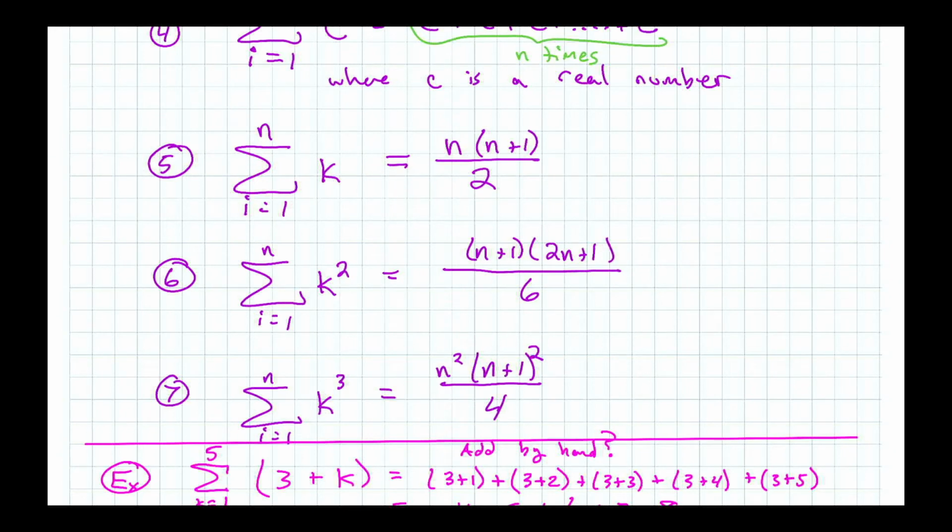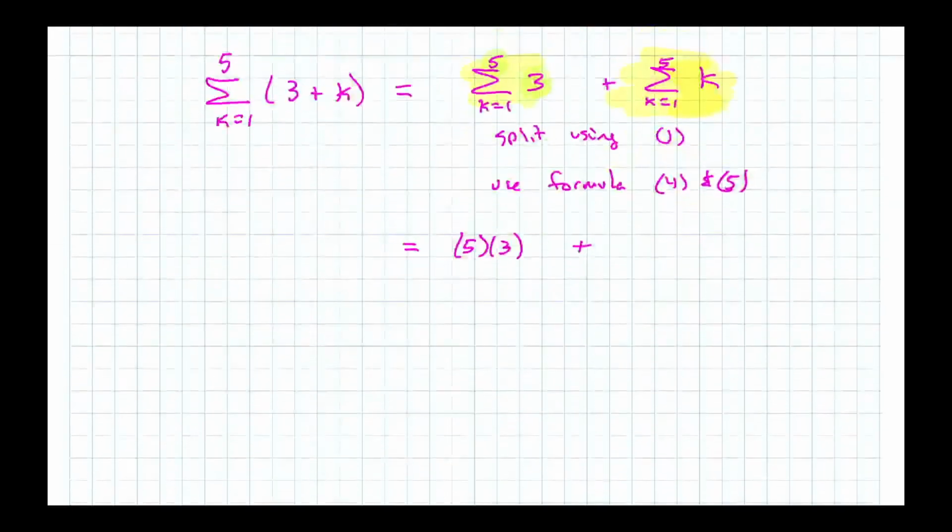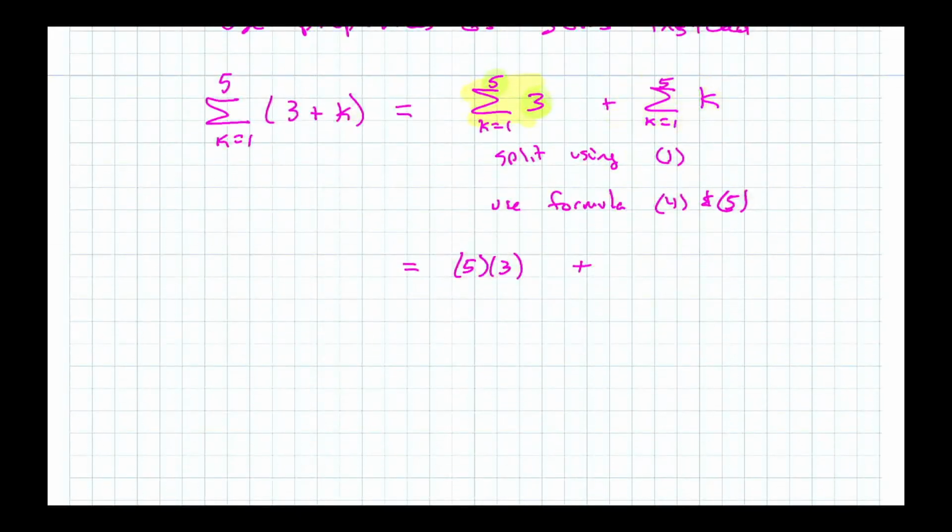So let's write this down now. The formula is n times n plus 1, over 2. So we've got a 5 up here, so n equals 5. You're going to go 5 times 5 plus 1, which is 6, over 2.